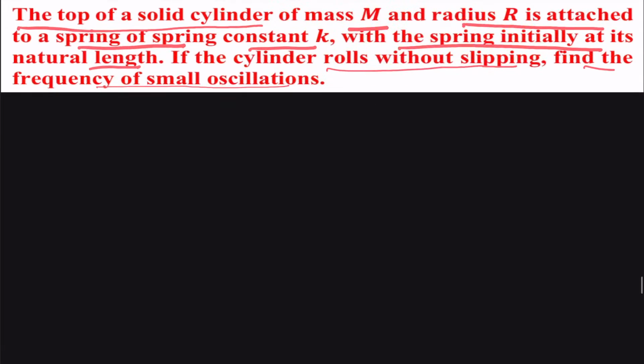Same question, but in this case the spring is attached at the top of this cylinder. Spring constant is k and mass is m, and this is the center of this spring.